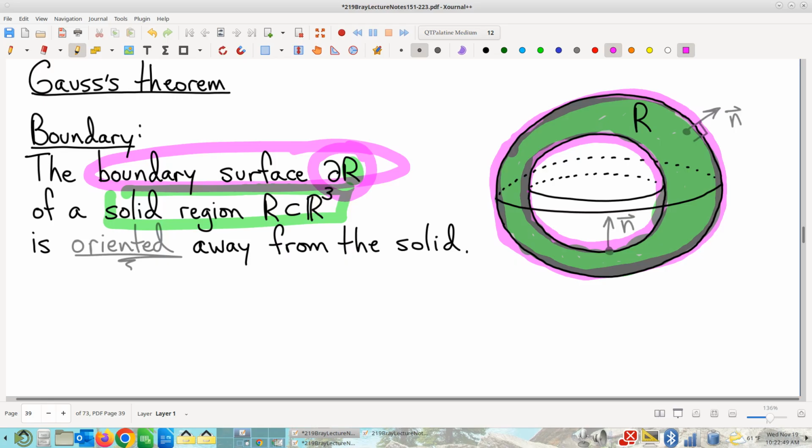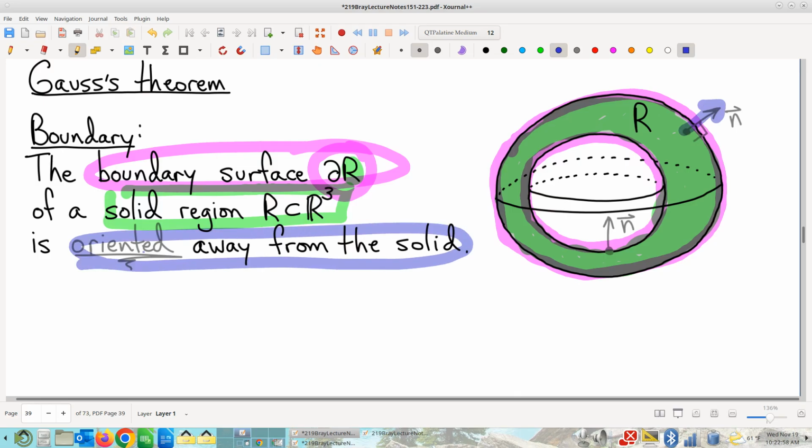And the answer is, again, commonly misstated as outward. It's not really quite true. The point is, away from where the solid is and into where the solid isn't. Now, again, it looks outward, and for the outer part of the boundary, it is outward.